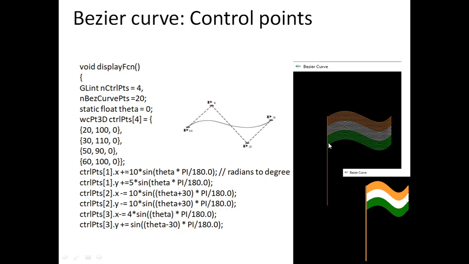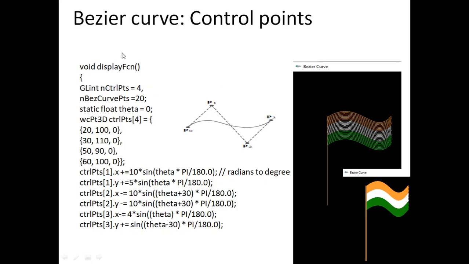You can see 8 green color lines are drawn, and 8 white color lines and 8 orange lines are drawn. Just by combining all the curved lines, a flag appearance is drawn, and just the thickness will be increased, so we'll get it like this. Just to understand, I've reduced the size of the line, so you can see the line curve here.